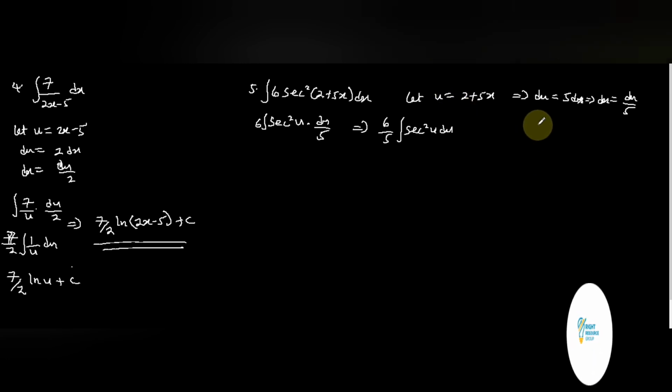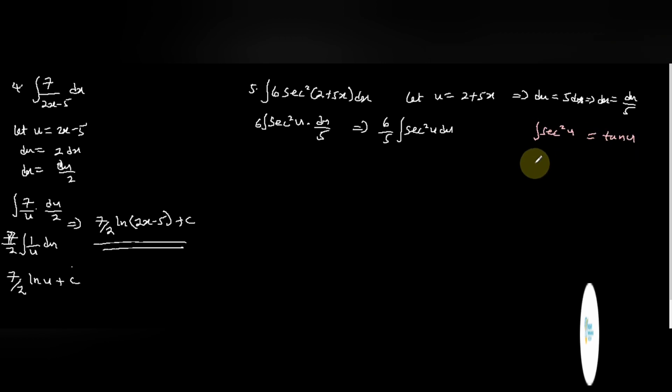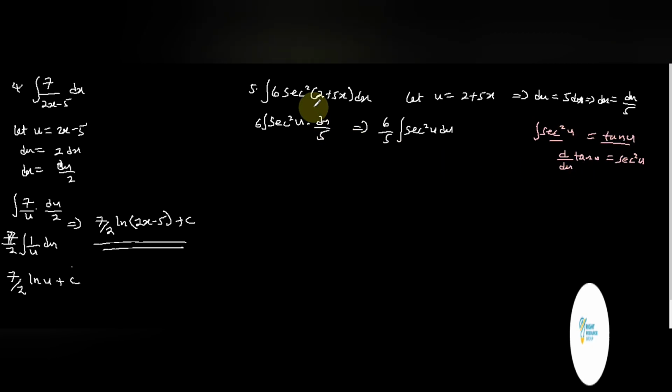The integration of sec squared u is tan u. Remember, integration is the reverse of differentiation, and we have d/du of tan u equal to sec squared u. Then it means the integral of this will also give us this because they are reciprocal.